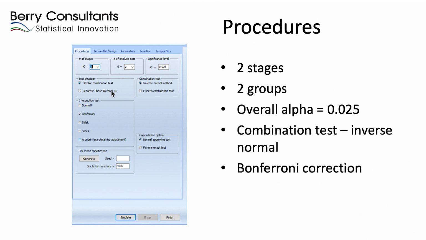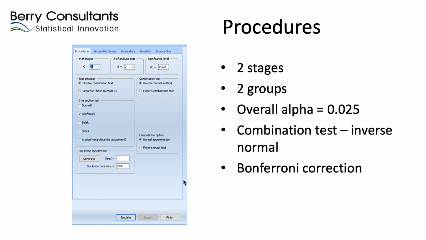An alternate option would be to just keep the 2 stages separate, phase 2 and phase 3, in which case the final analysis would only use the phase 3 population. And here we can tell it which intersection test to use for controlling the overall family-wise error rate.